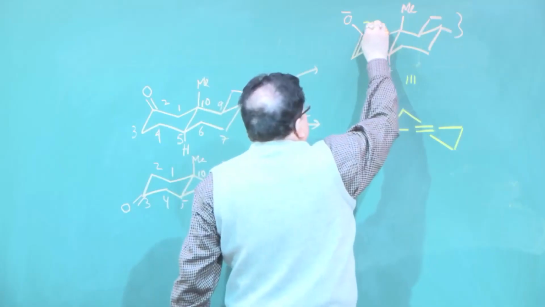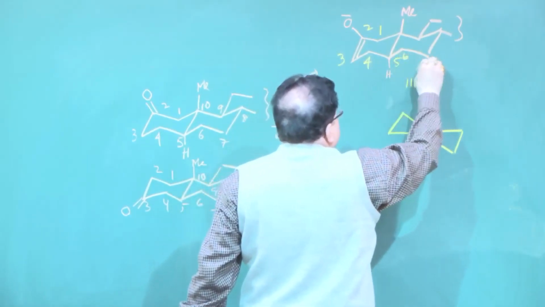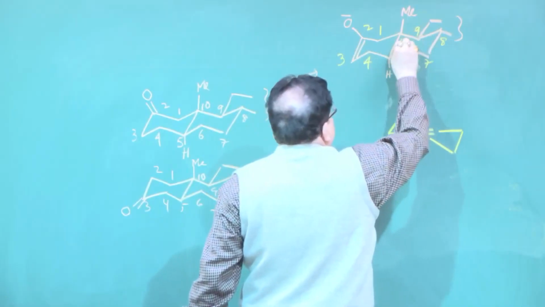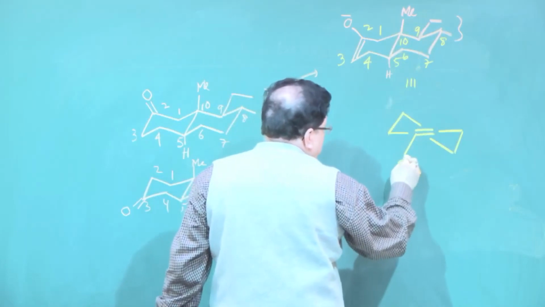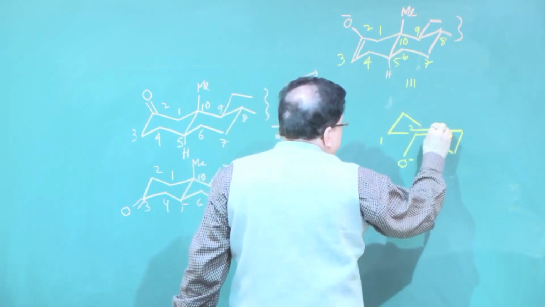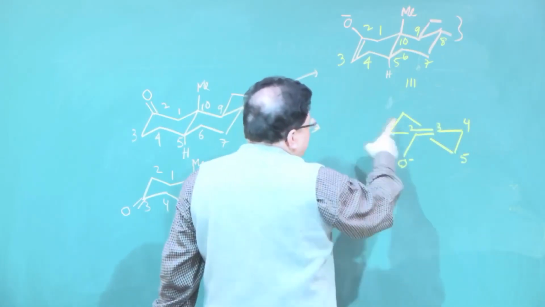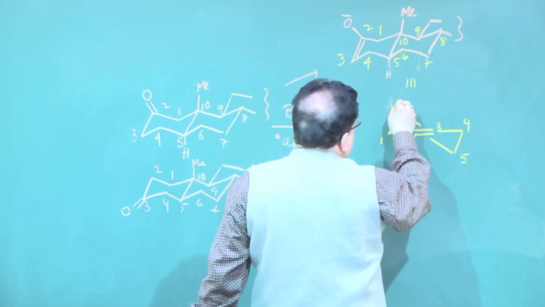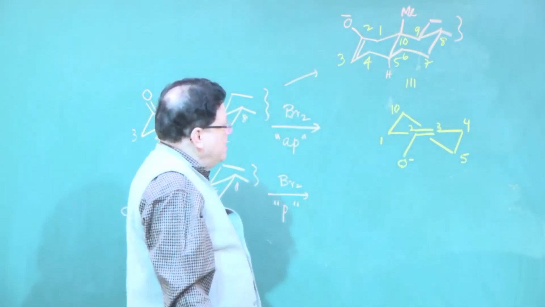Again, remember the numbering: 1, 2, 3, 4, 5, 6, 7, 8, 9 and 10. Now this will be your 2, so that will be O minus. This is 1, that is 2, 3, 4, 5, and then the other, 10. 5 is connected to, remember, 10 in the same ring.